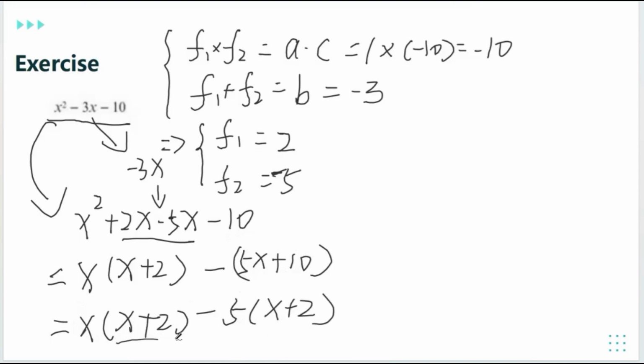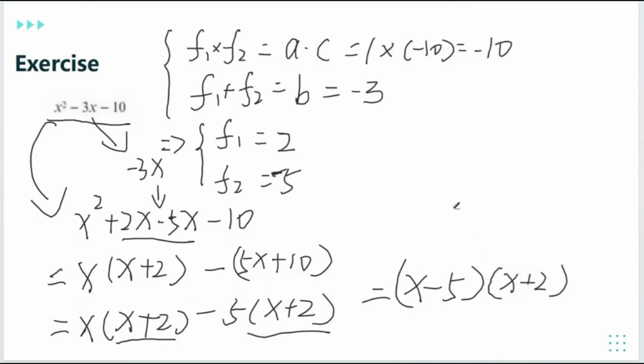Then the like term, the common factor, is x plus 2 in brackets. So finally x minus 5 times x plus 2 in brackets. Okay, did you get it?